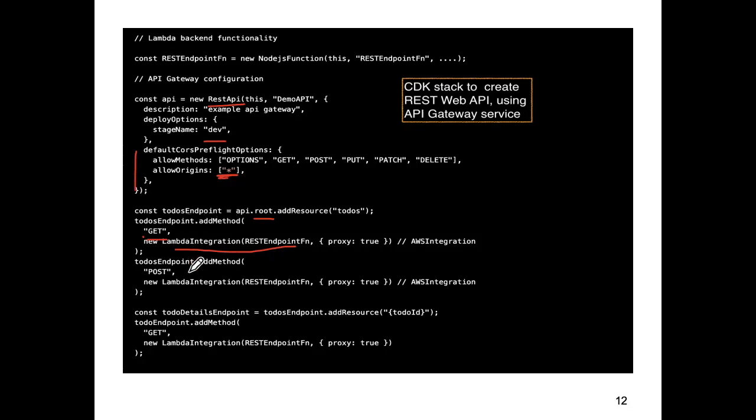And I'm just doing some more integrations further on here. So this looks like the integration for a POST request to the to-dos endpoint. So all of this here relates to the to-dos endpoint.